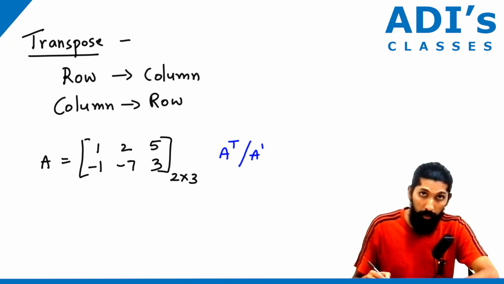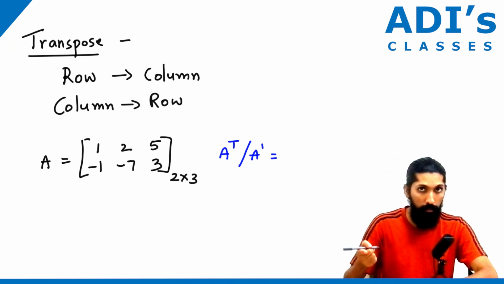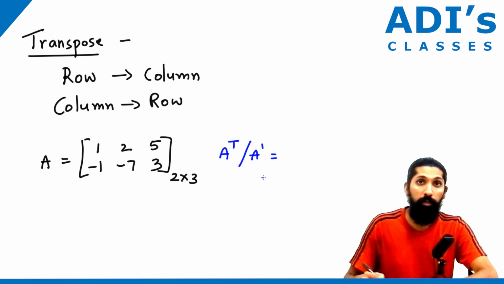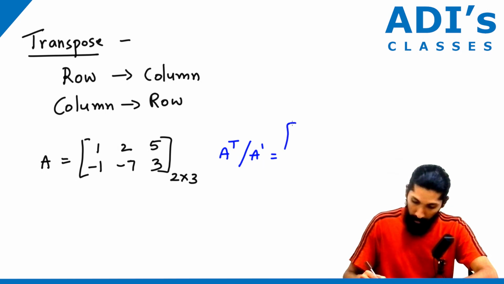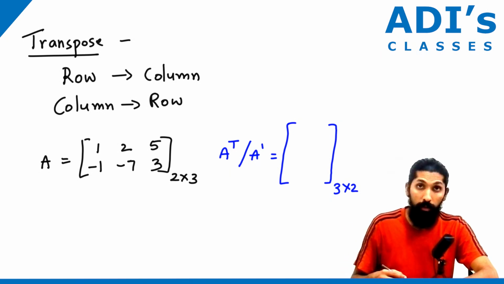This is also transpose. So, see here, 2 cross 3, row becomes column, column becomes row, correct? So, the order of this matrix will become 3 cross 2. In the sense, I'm going to have a matrix with 3 cross 2 as the order. 3 rows, 2 columns.